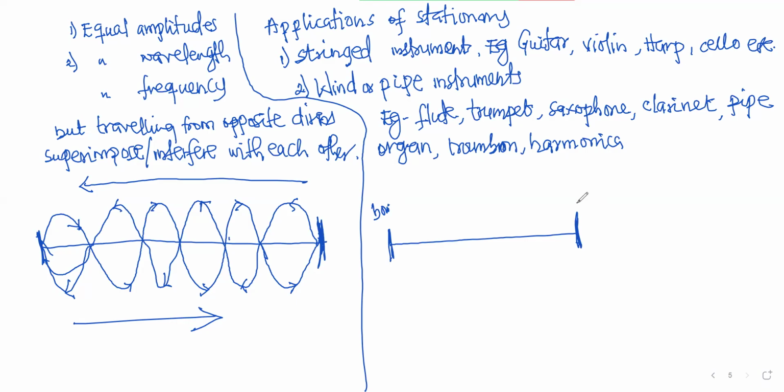There's a boundary here, then there's a boundary here. Whoever plays it strikes or plucks the guitar string and creates an incident wave which hits the boundary and then reflects.